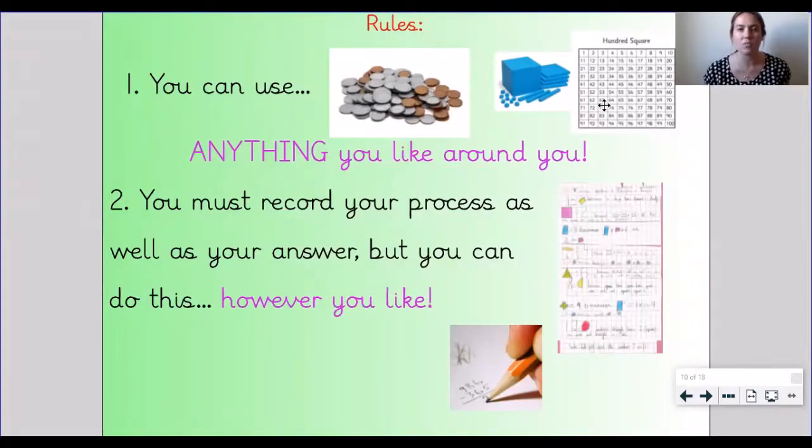You might want some Lego, you might use some marbles, anything that will be useful. And then you need to record your process. You can do some drawings, you can write it down, however you like, just as long as you record what you're actually doing. That way you know when you've already found an answer, so you don't do the same thing twice by accident. And it also shows what your process has been.